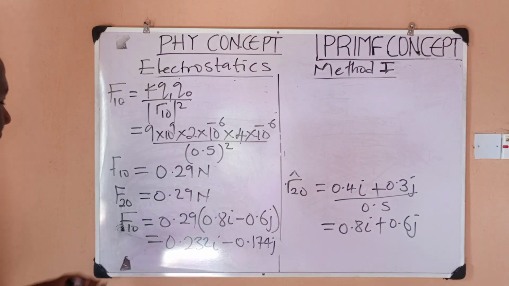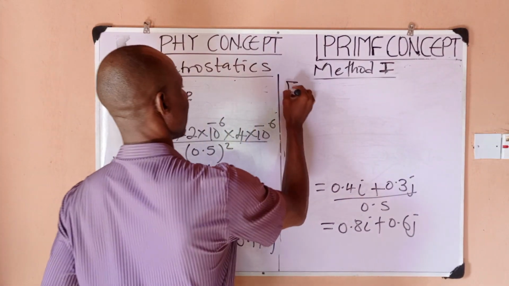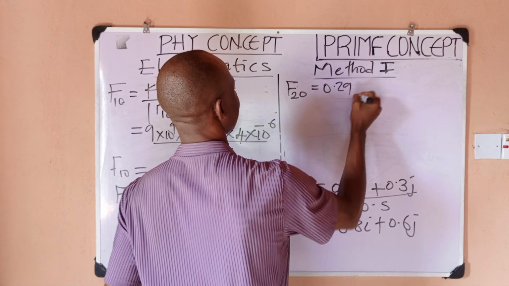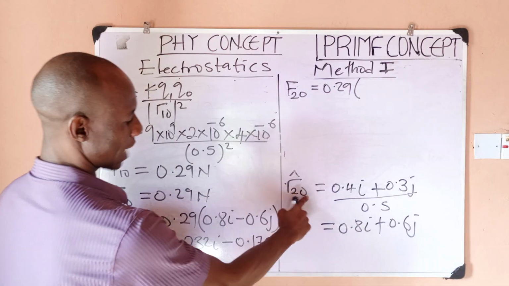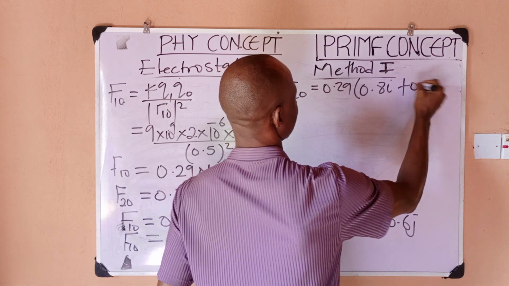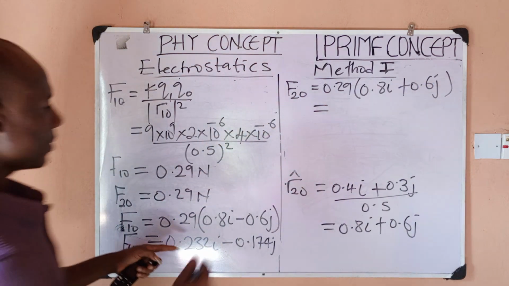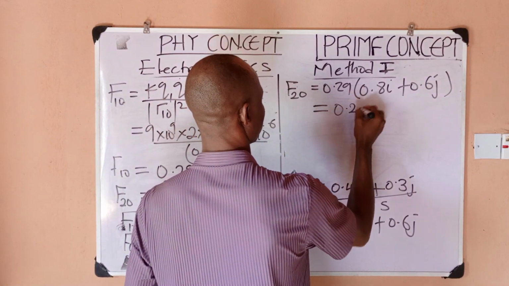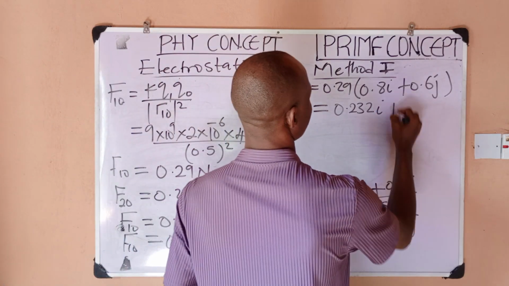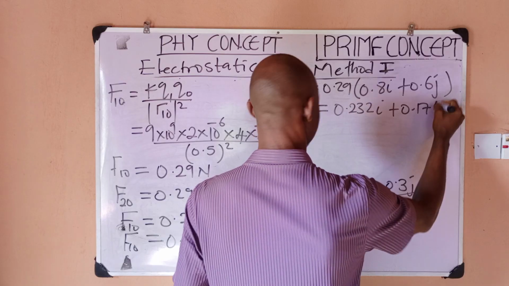So I've gotten my F10 in vector form now. The next thing is F20 in vector form, which is going to be 0.29 times my R20 unit vector, 0.8i plus 0.6j. So if I expand this, I would have 0.232i, and this times this, I would have plus 0.174j.